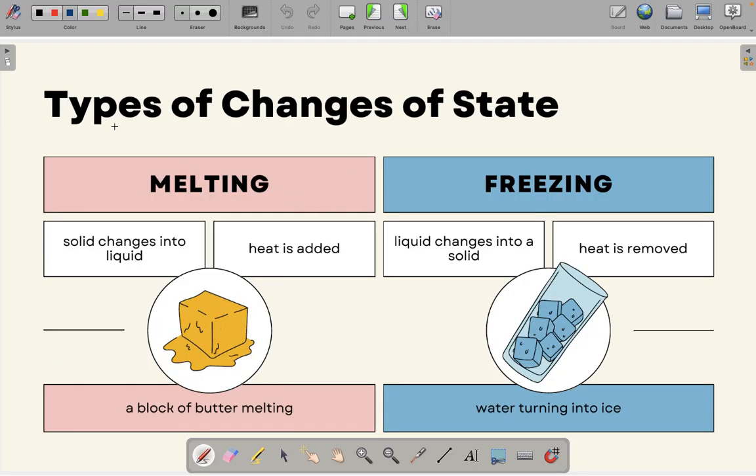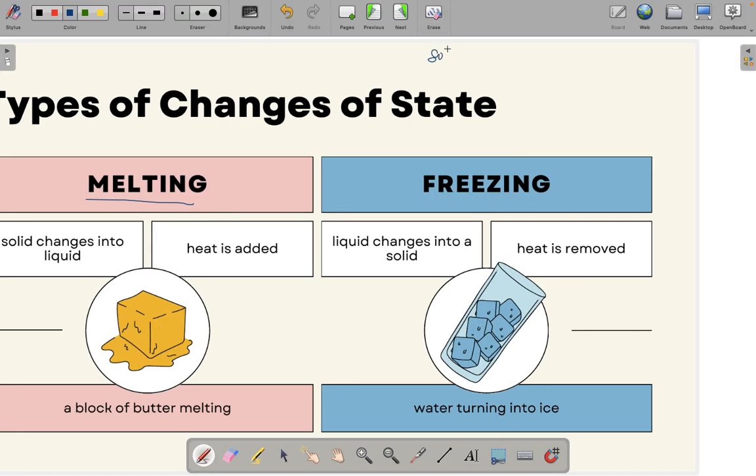Then you have different types of change of state. So first type is melting. So if you have a solid, right, you want to convert it to liquid. When a solid changes to liquid, it is known as melting. So let me just write. So this is solid, this is liquid, and this is gas.